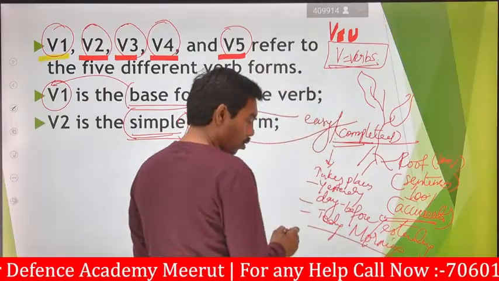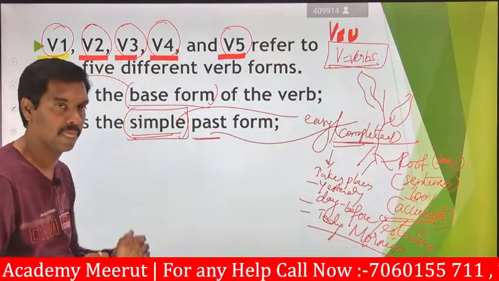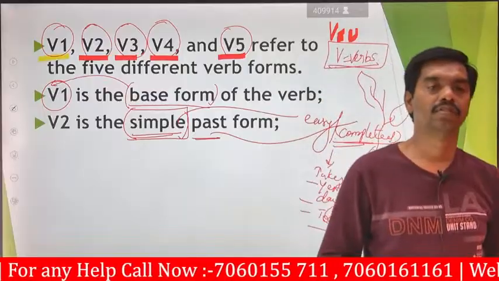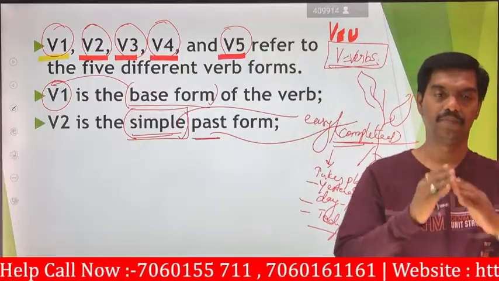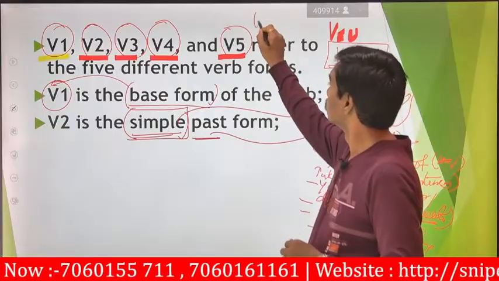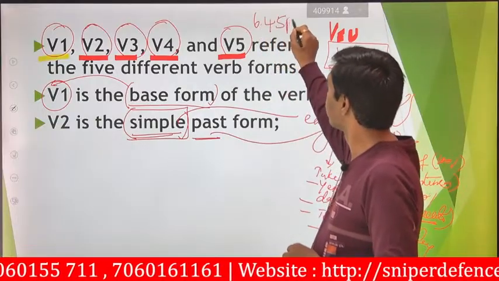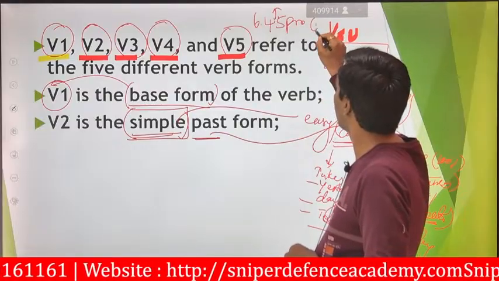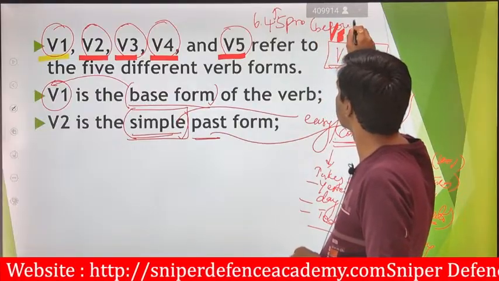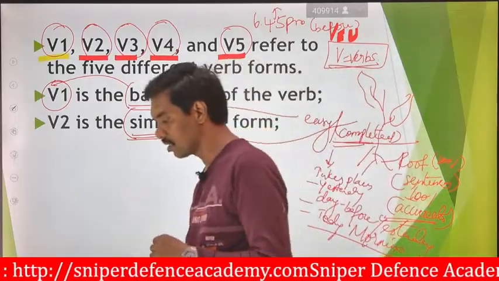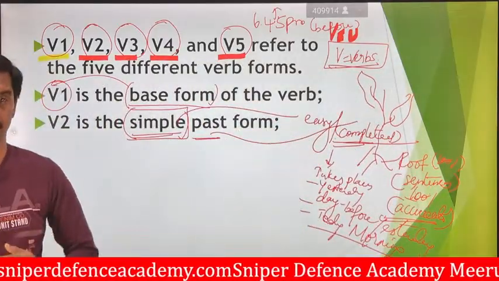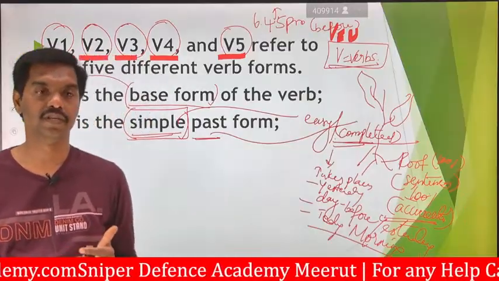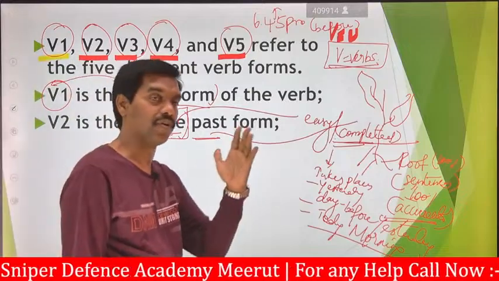The work which has been completed before this time is past. Now the time is 6:45 p.m. So, the actions that took place before this are said to be in past form.